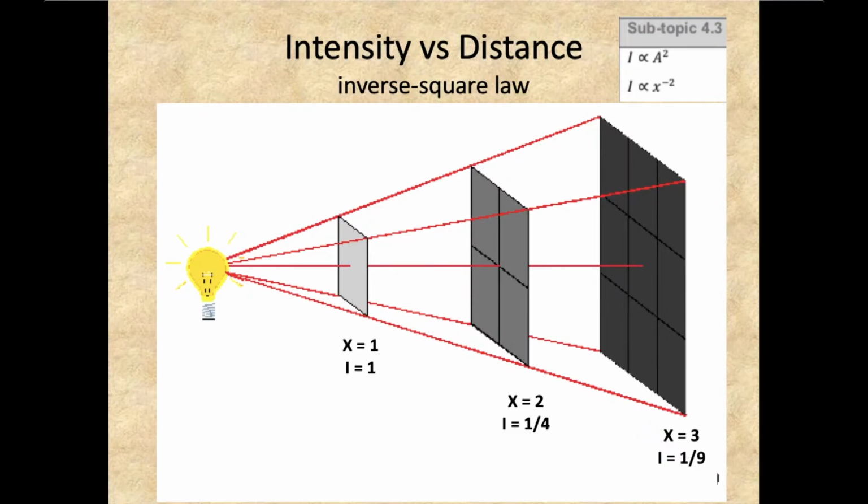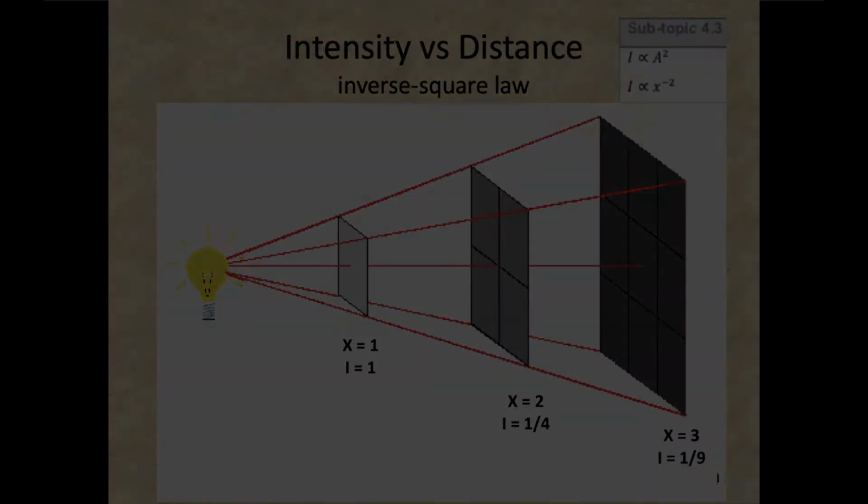So the intensity, which is the power per unit area, would be a quarter because the same power is incident on 4 times the area of what it was at 1 unit away. At 3 units away, the intensity would be 1/9 of what it was at 1 unit away. So this is to explain that relationship. You might need this in multiple choice questions or comment questions in a paper 2 style question.